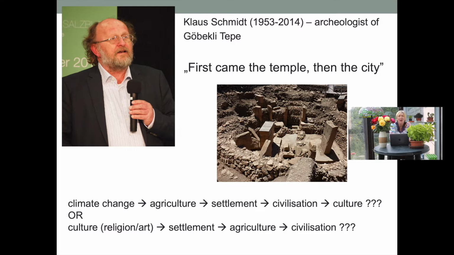So which chronology is correct? You have the climate change, which leads to agriculture, which leads to settlement, which leads to the growth of material civilization, which leads to the development of non-material culture, or it is the culture, such as religion or art, so basically the expression of ideas, that leads to some form of settlement, which in turn leads to the development of agriculture and then civilization, settlement and civilization.